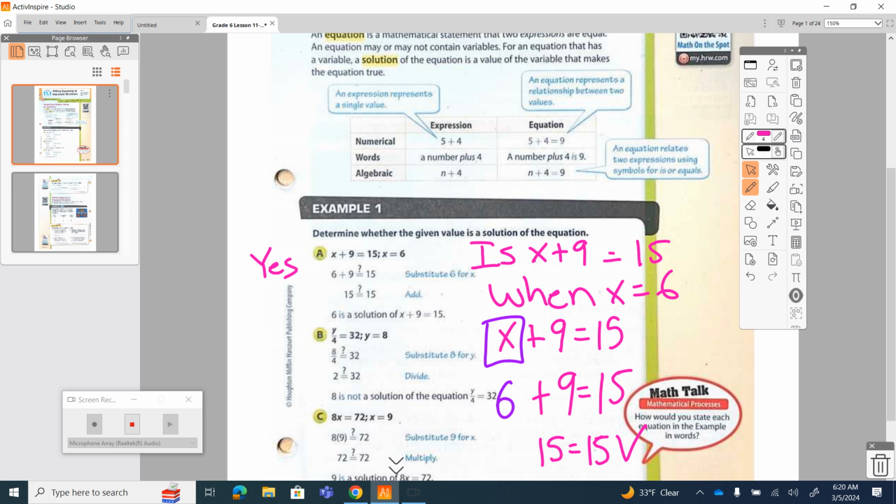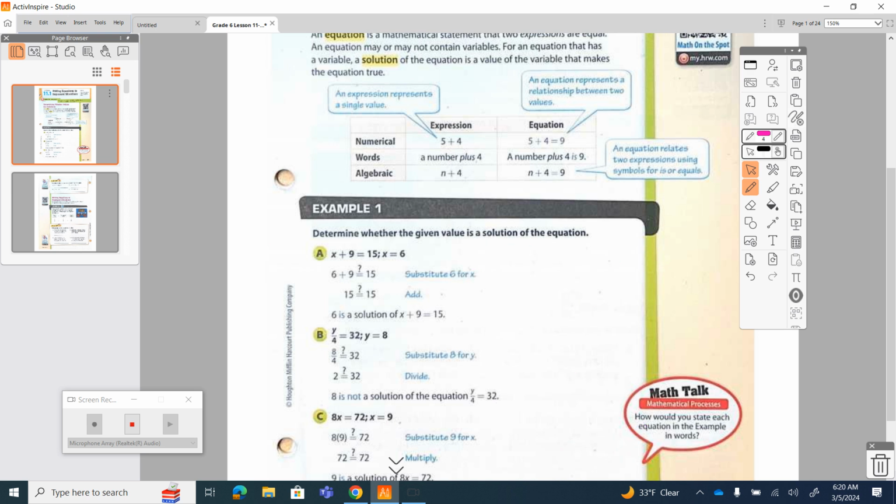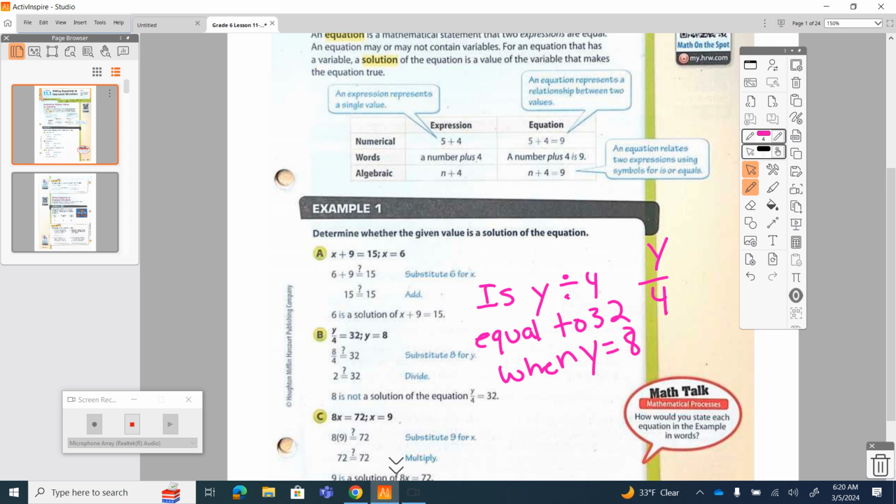Let's look at the next problem. y divided by 4 equal to 32 when y is equal to 8. So we're going to write y over 4 equal to 32.